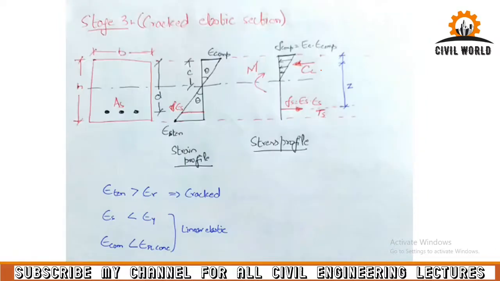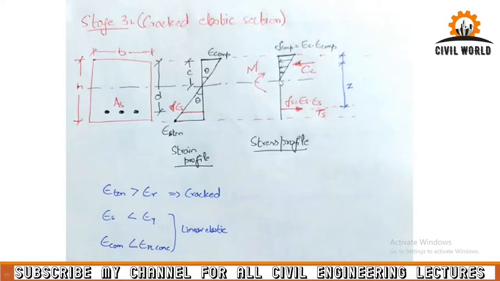Then coming to stage 3, which is a bit more important compared to stage 1 and stage 2. Concrete has already cracked. The section is still behaving in a linear elastic manner. This is the same figure.